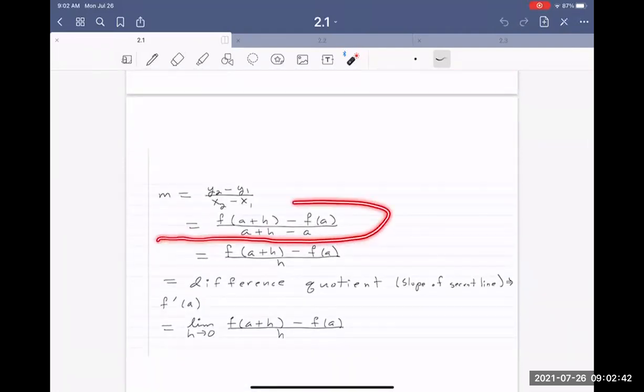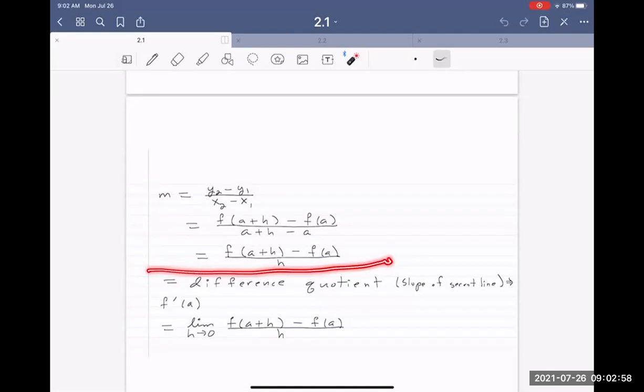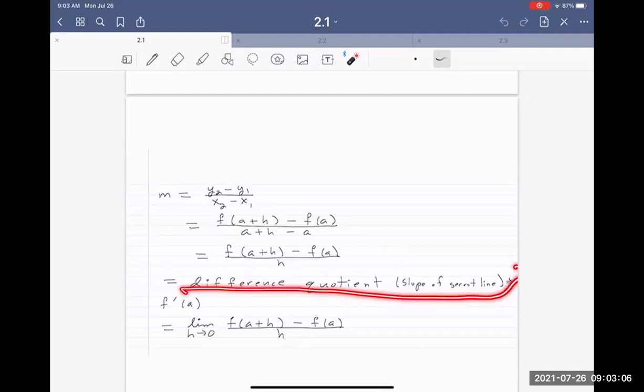The slope is the change in y, f of a plus h minus f of a, over the change in x, a plus h minus a. Well, the a's cancel. So this is equal to f of a plus h minus f of a divided by h. This is called the difference quotient. It is just the slope of the secant line.